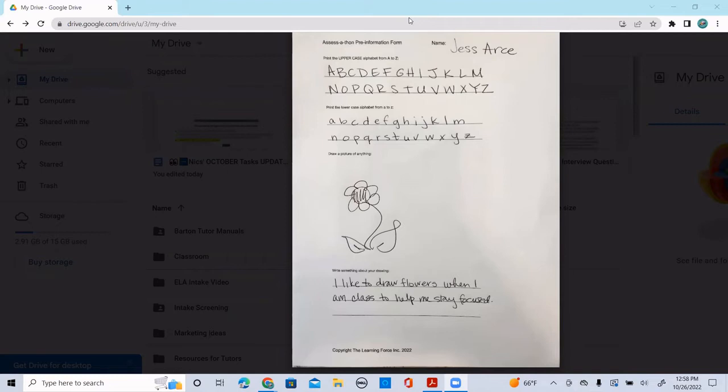I remember the first time, years ago, a 10-year-old boy, and his mother came to me and said, he's failing at writing. And he's this bright kid who was running to be president of his class. When I asked him to print out his upper and lowercase alphabets, he couldn't get past the letter L. He had no idea what came after the letter L, in both upper and lowercase.